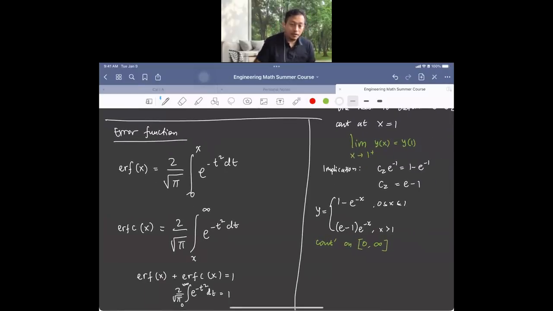Now, the deal with these error functions is that sometimes we get stuck in computations when we have this integration. So you can rewrite it in terms of error functions if you want. When you have e to the power of negative t squared, we can rewrite it in terms of error functions.